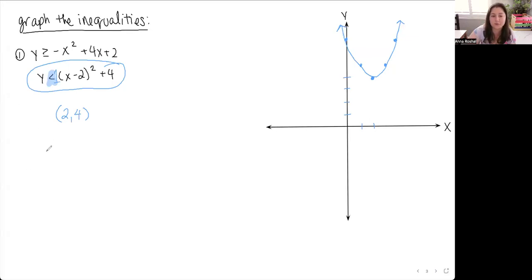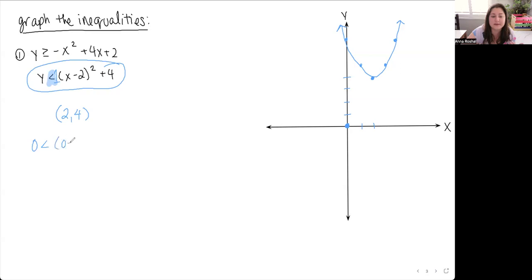So for that work, you're actually going to replace x and y with a test point, like 0, 0. The point is not on your graph at all. It is a good point to check.